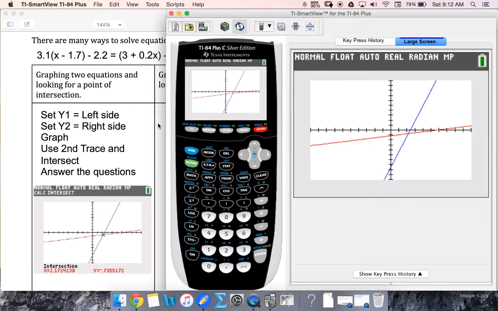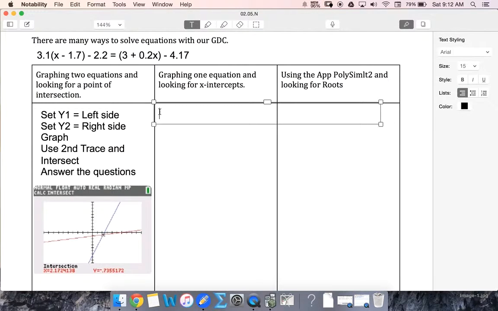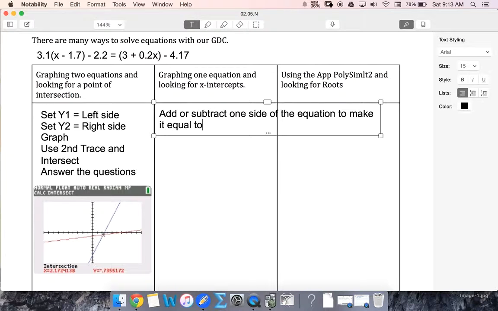To use the x-intercept method, first we have to add or subtract one side of the equation to make it equal to 0. That's our first step.